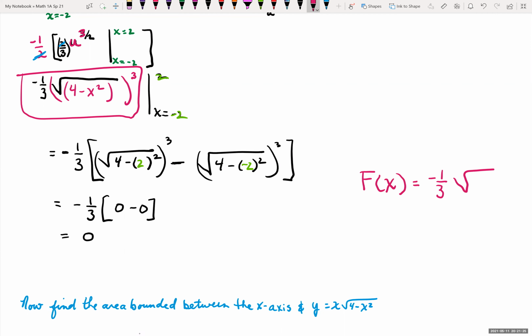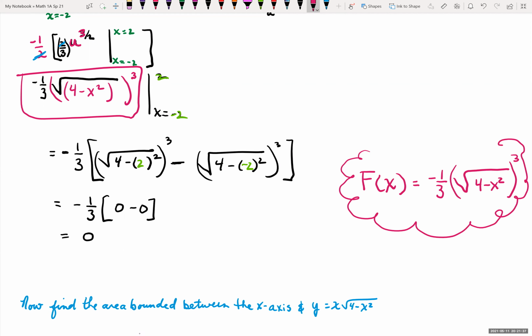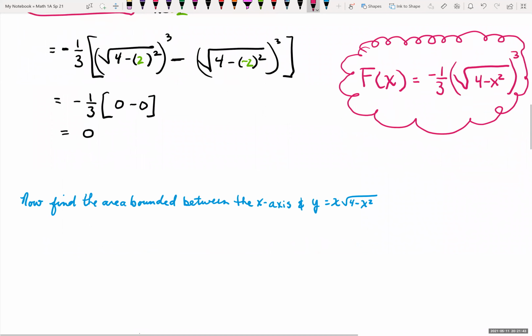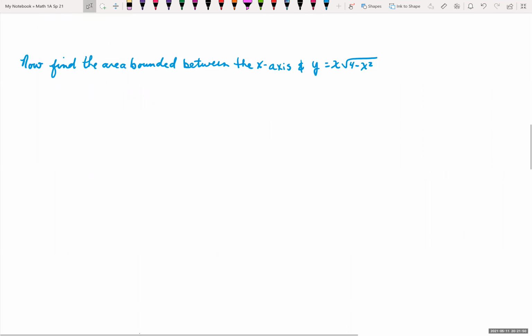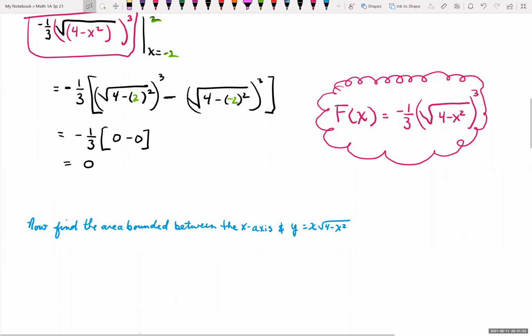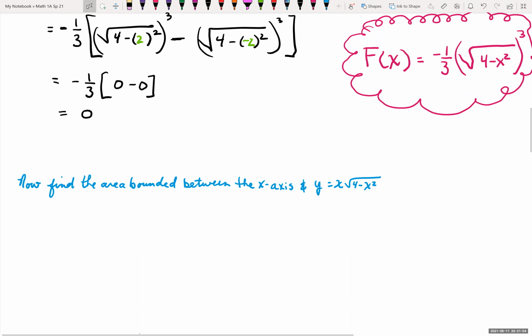So -1/3 square root of 4 minus x squared and that quantity cubed. If you're trying to find the area bounded between the x-axis and this curve, and I meant to put in between x equals -2 and 2, and I was writing this out.